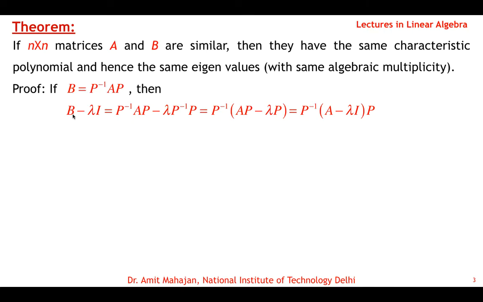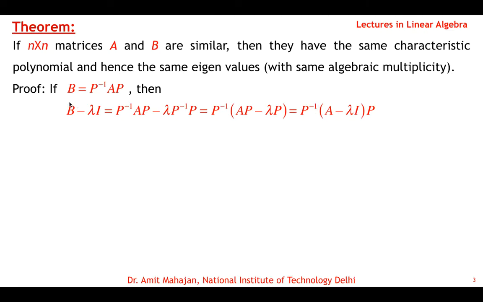B is P inverse AP, so we have P inverse AP minus lambda times I, and the identity can be written as P inverse P. Since lambda is a scalar, I can rearrange, take P inverse outside, and the post-multiplied P can also be taken outside. So clearly B minus lambda I can be written as P inverse times A minus lambda I times P.